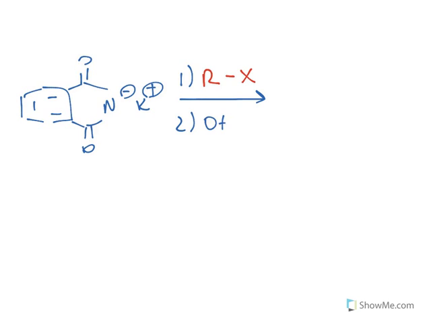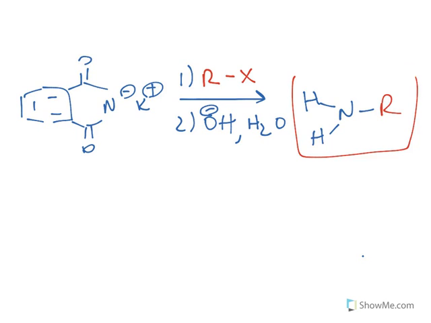And then here I need hydroxide and H2O. Now again, if this were acid, or even something called hydrazine, which is N2H4, it will also cause this hydrolysis. But nonetheless, what we're going to be looking for is this guy right here. And what's nice and clean about it is it makes a primary amine very cleanly. So this is a very effective way in which to make a primary amine.